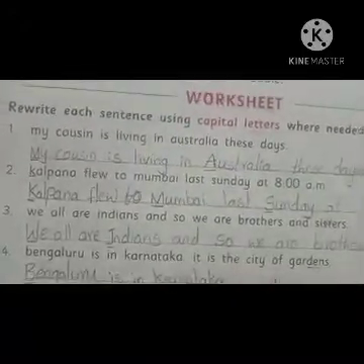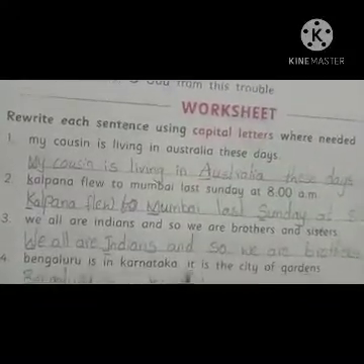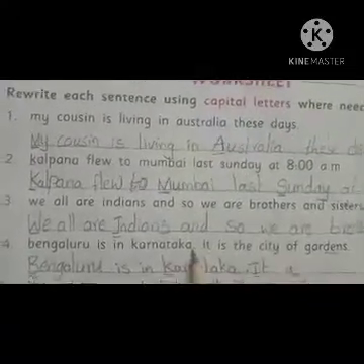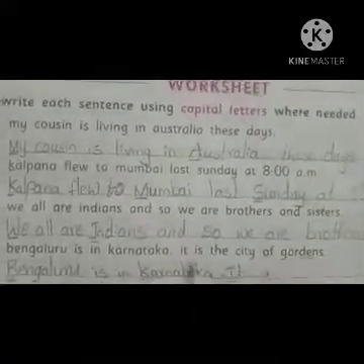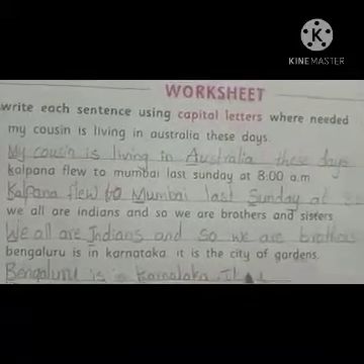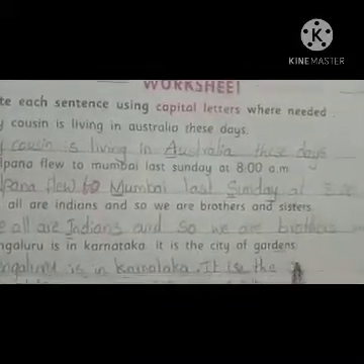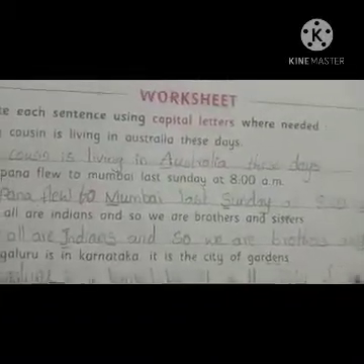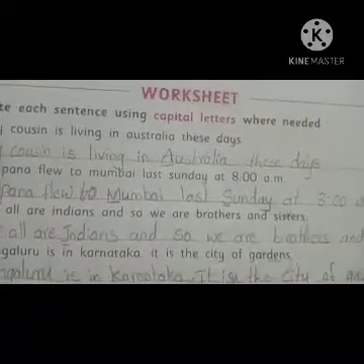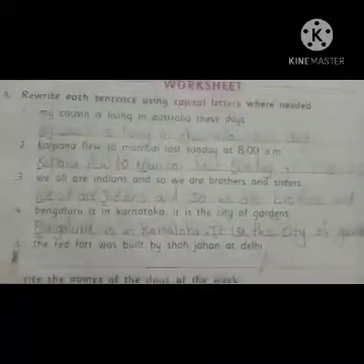Okay, children, and write it. I is also capital. Why? Because here full stop is there, no? Yes, that's why we have to write I also as a capital letter. It is the city of gardens. Okay, next, fifth one.